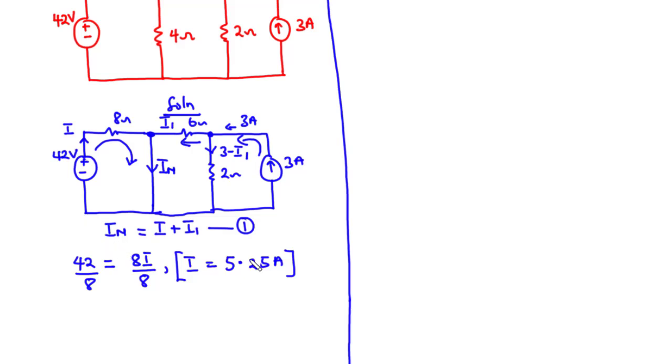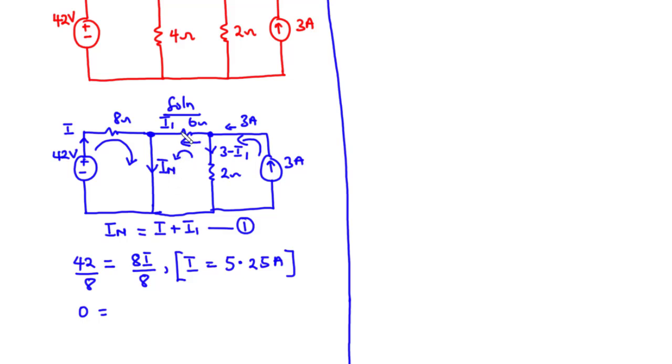Now let's find the value of I1. To find the value of I1, we can basically choose any loop. Now let's consider this one. Moving in the anticlockwise direction, the applied voltage in this loop is 0. Therefore we have 0 equals, taking the anticlockwise direction, the current flowing through the 6 ohms resistor is in line with the direction we are taking.